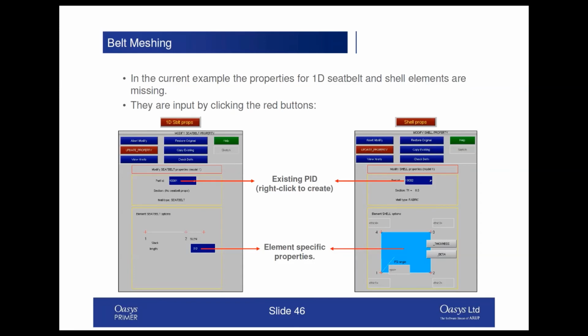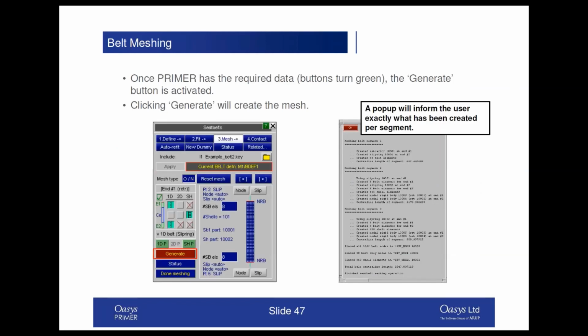We give Primer the part IDs in the top section of each panel. We have to create these in advance. Primer doesn't do this for us. And then we put in seatbelt specific properties, the element specific properties, in the lower part of the panel. So we've got a slack length for 1D seatbelts, and then the regular underscore thickness underscore beta options for shells. And Primer would apply those properties to each element that it creates.